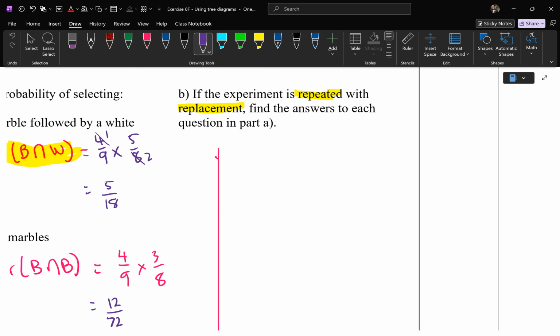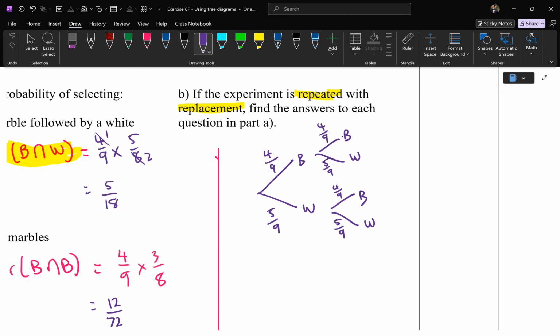I'll write the rule at the end. You don't have to know it. If you figure it out, great. If you figure it out and you're unsure, come to me and I'll confirm if it's true. But in this scenario, if you have blue, white, and we said it was 4/9, 5/9. If it's with replacement, you'll get blue, white, and again it's 4/9, 5/9, 4/9, 5/9.